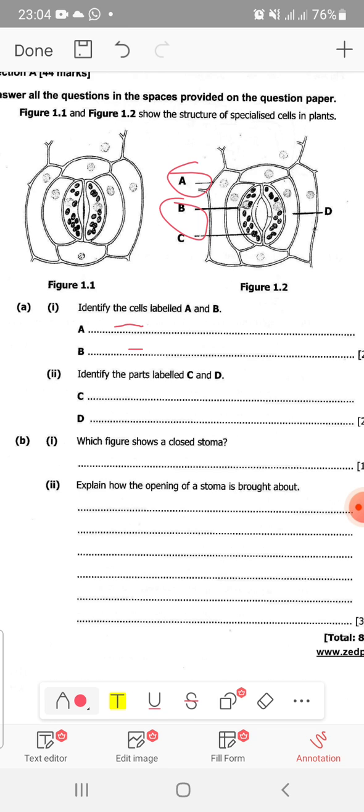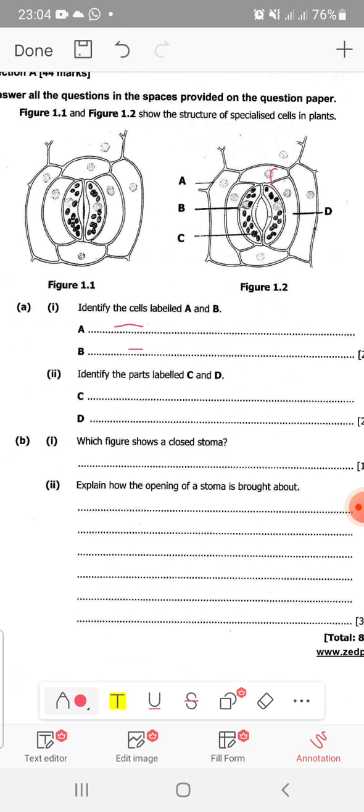A, Roman numeral 2, identify the parts labeled C and D. The part labeled C are chloroplasts. In the guard cell we are seeing there, those dark dots are the chloroplasts.